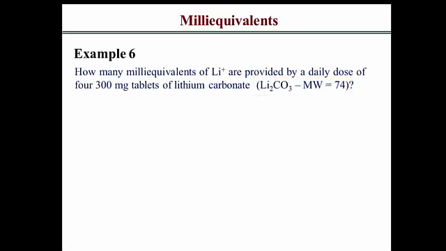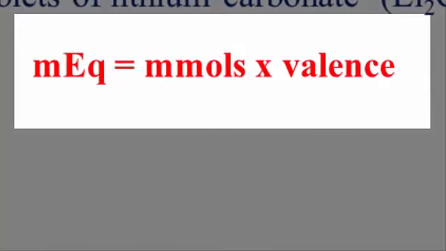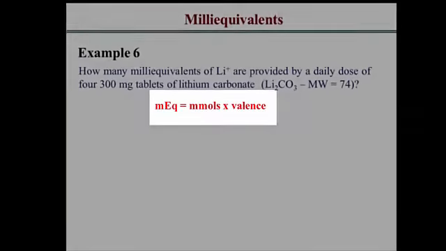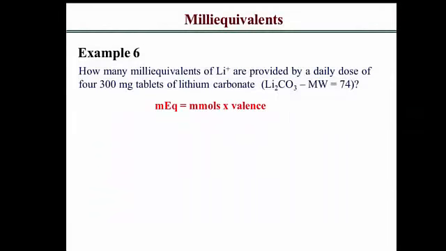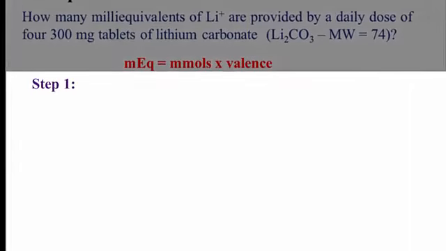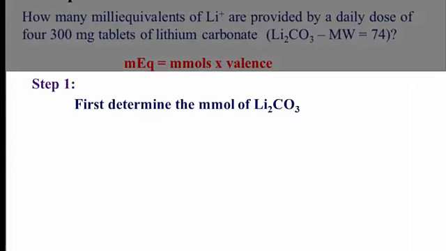This example is really important because it allows you to use this equation. This is one of those equations where it's more convenient to use the millimoles times valence directly. So you are going to determine the millimoles and then simply multiply that by the valence. So step 1, let's first determine the millimoles of lithium carbonate.